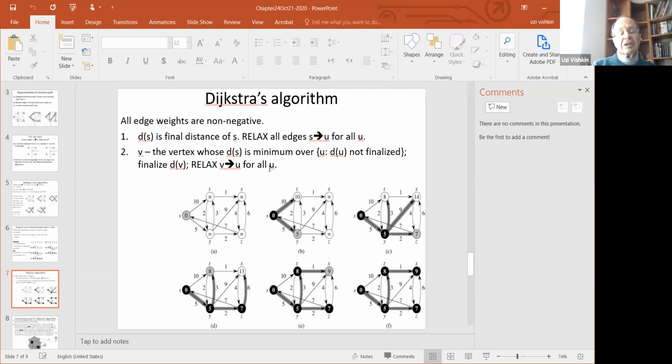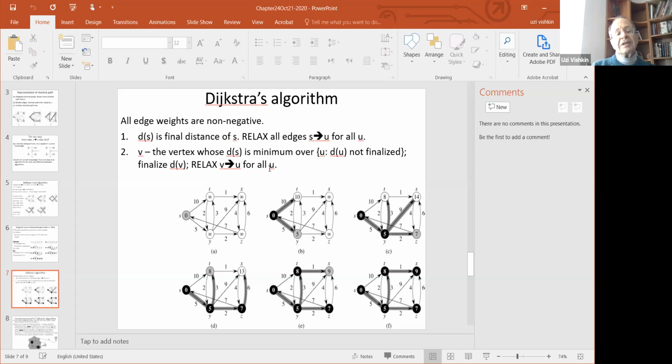Remember, it's a single source shortest path. So we have a node S, which comes together with the input. The input includes the graph G(V,E), V is the vertices, E the edges, and the edges have weights. The weights are non-negative, and the input also includes a node S, which will be the source node.